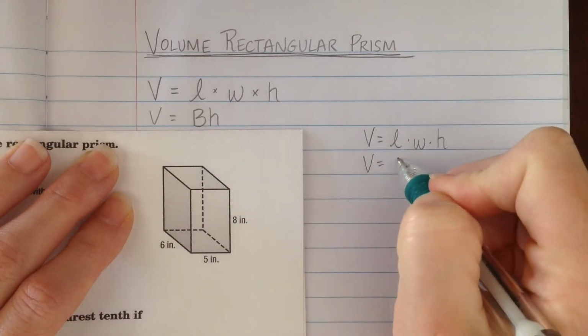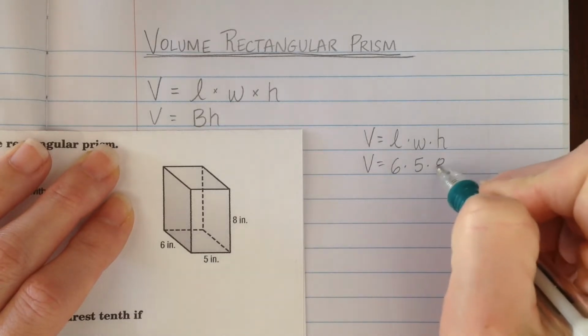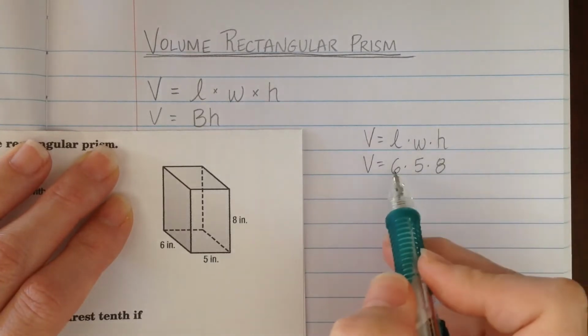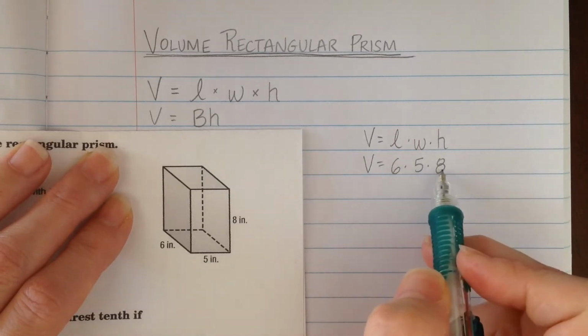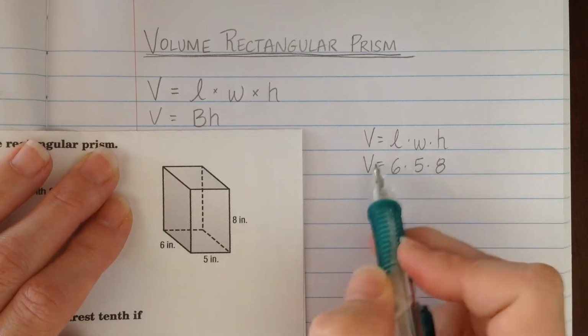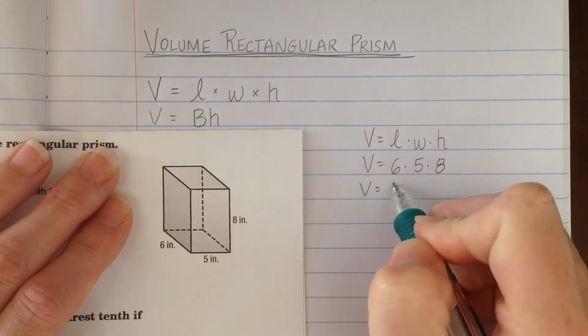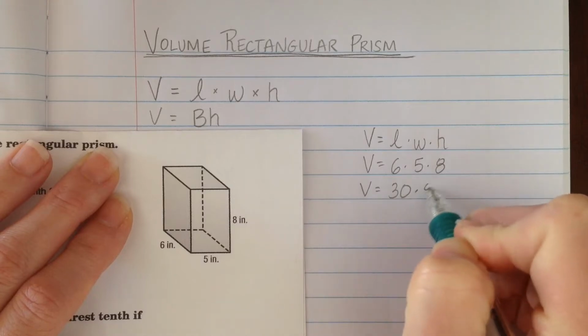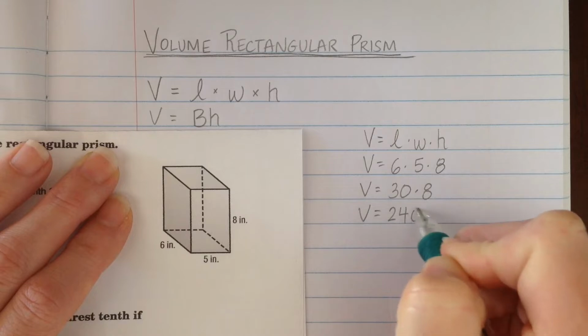Our length is 6, our width is 5, and our height is 8. It doesn't really matter what order these go in because multiplication has that commutative property. So it doesn't matter which way they go. 6 times 5 is 30 times 8 should equal 240.